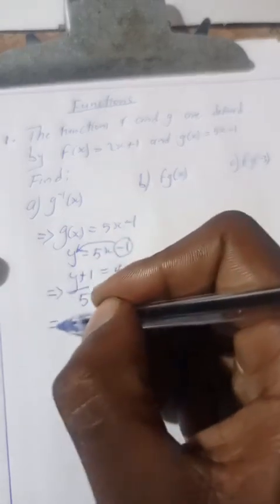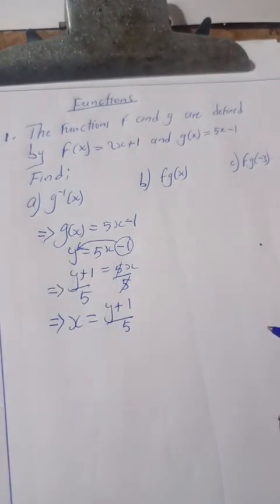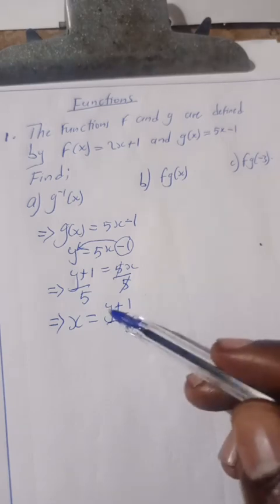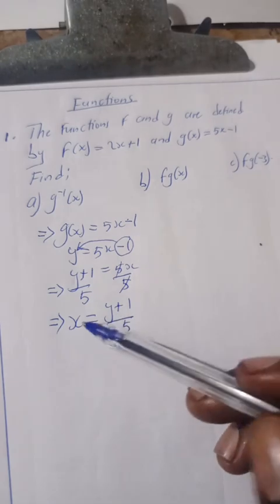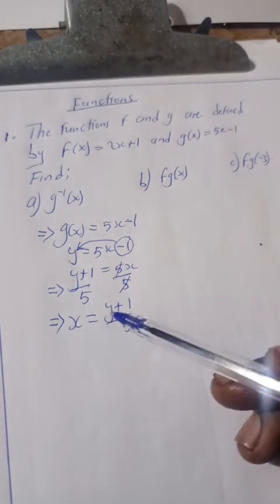Okay, all right, now after this point we have made x the subject of the formula successfully. Now what we are going to do next is to swap the variables. What we mean when we say swap the variables, we are talking about the letters in the function. So where you are seeing x, put y, and where you are seeing y, put x.